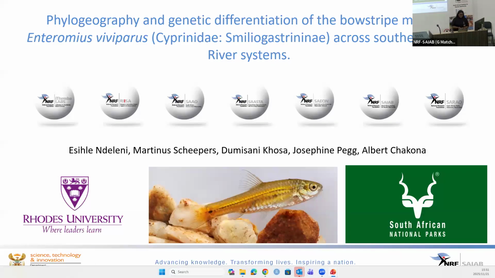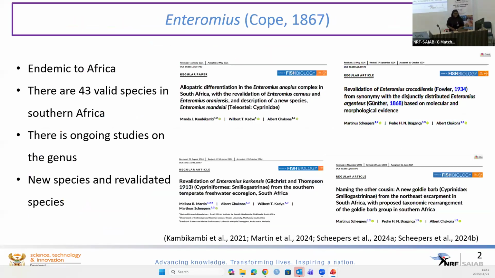Good afternoon, everyone. I'm presenting on the phylogeography and genetic differentiation of the Bowstripe minnow. The genus Enteromius is endemic to Africa. In Southern Africa alone, it is represented by 43 valid species, and there are still ongoing studies that aim to describe new species and to revalidate species.